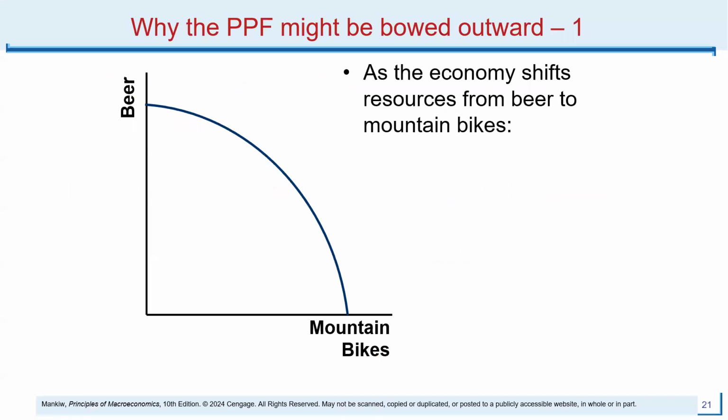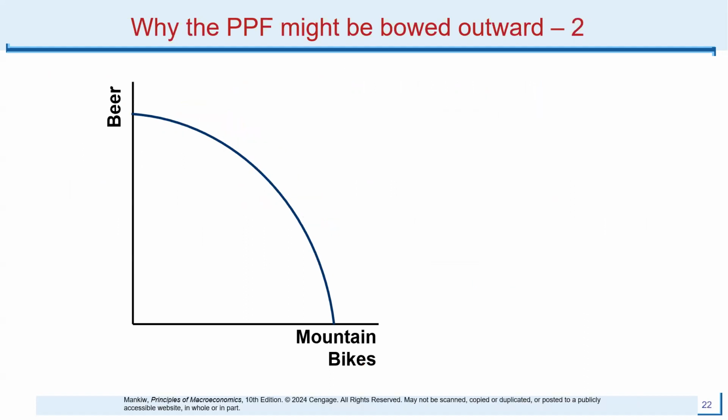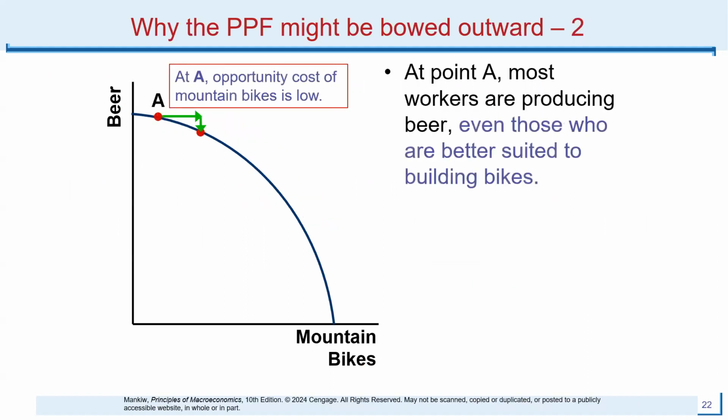Let's look at one example of that. As the economy shifts resources from beer to mountain bikes, the PPF becomes steeper and the opportunity cost of mountain bikes increases. To illustrate that point, we can look at two situations.